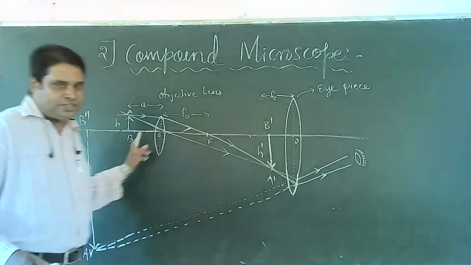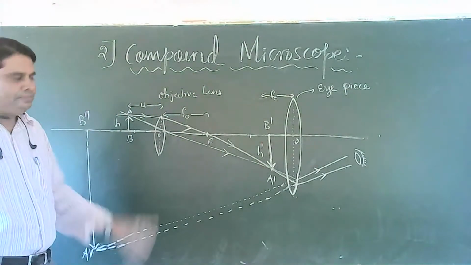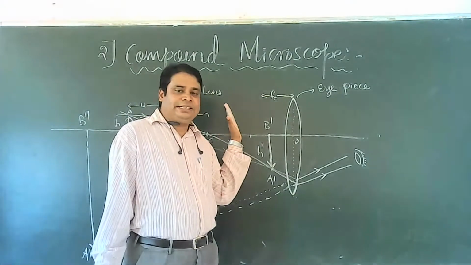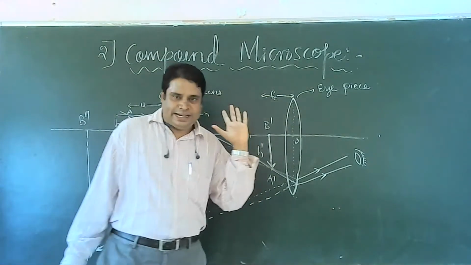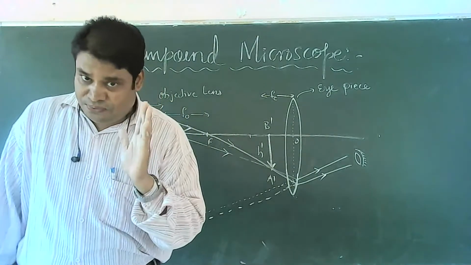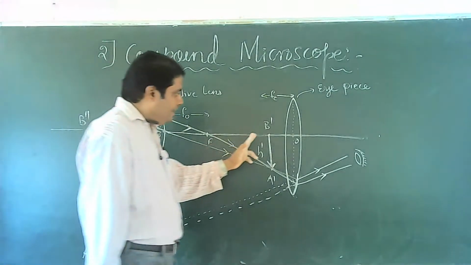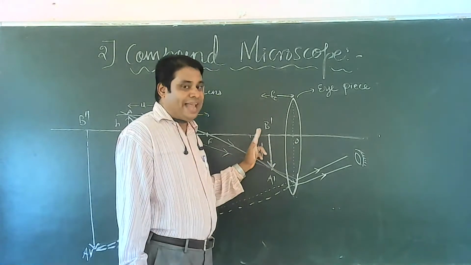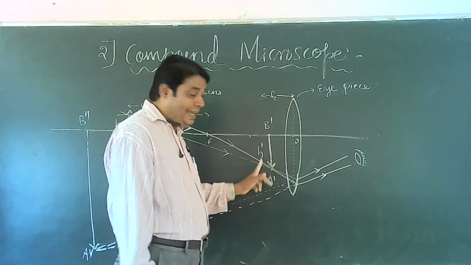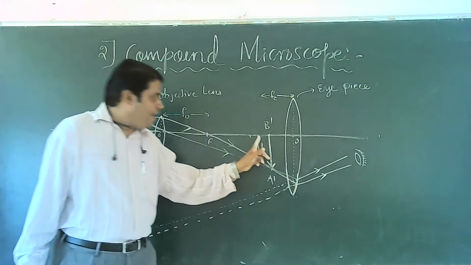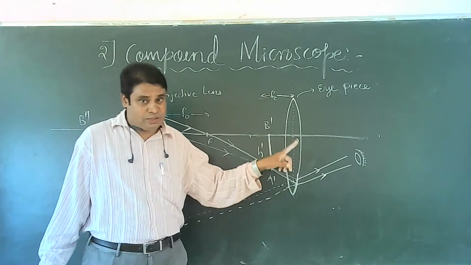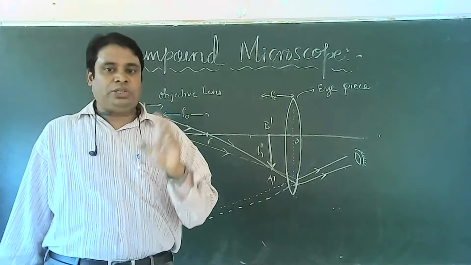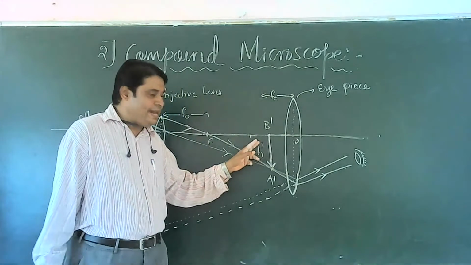This is the image formed by the first lens. No problem. This image acts as an object for the second lens. If this image which acts as an object is between f and o of the second lens, what is f? Principal focus. What is o? Optical center.